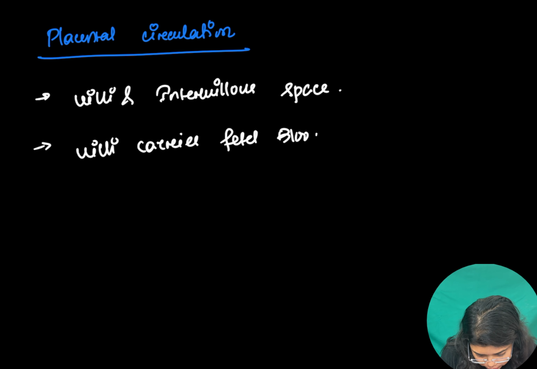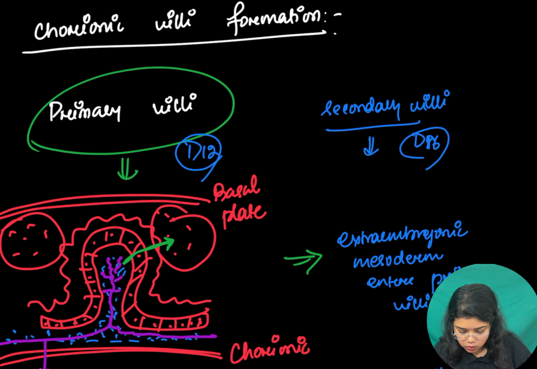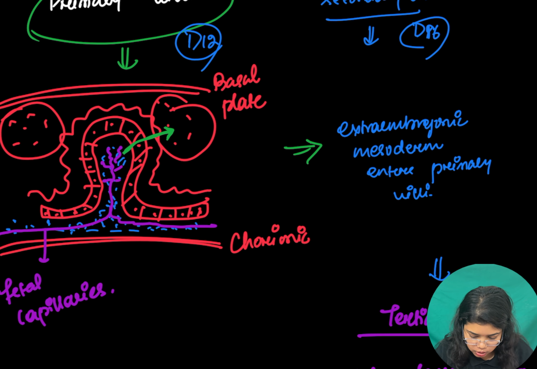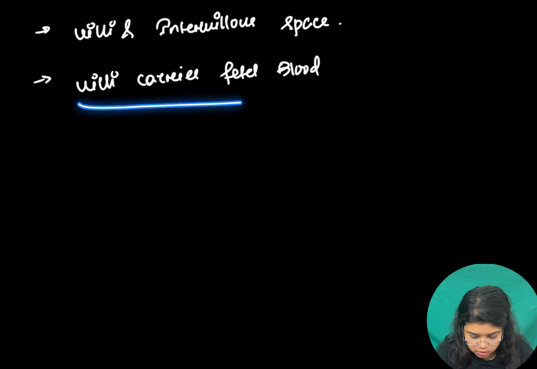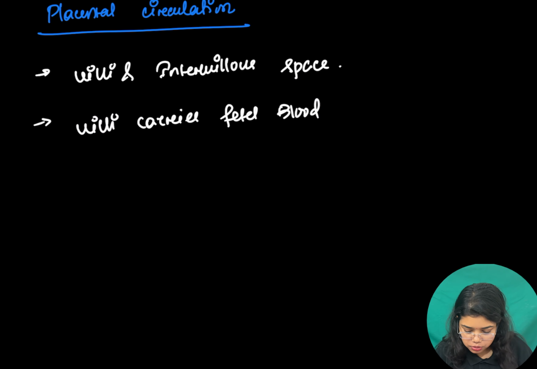I've told you, the fetal capillaries are present. This is the fetal capillaries, and it carries the fetal blood. It is present in the primary villi. So villi carry the fetal blood. Okay, understood?